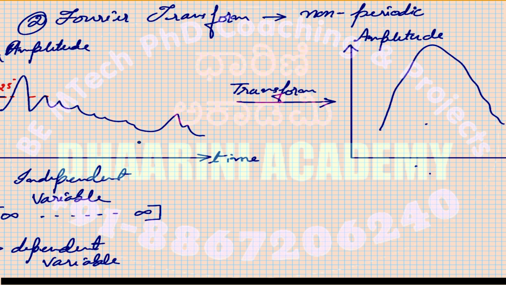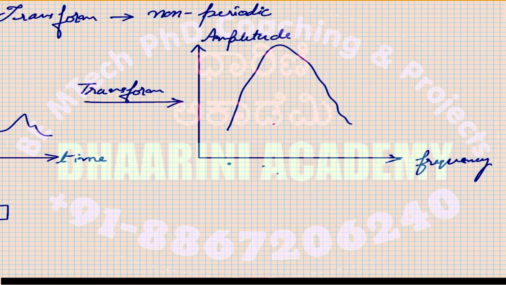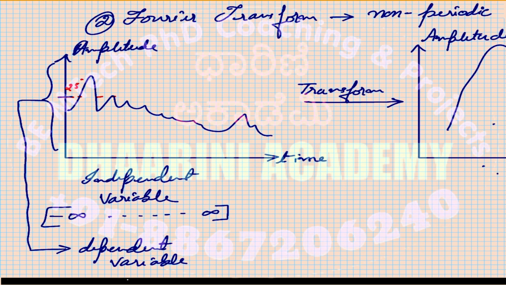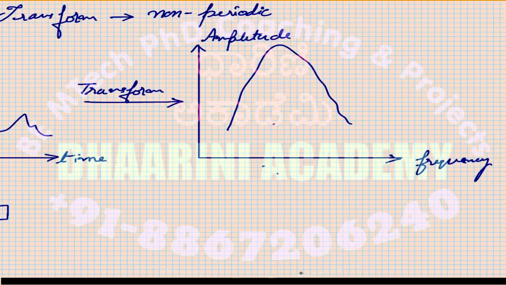Right? So you are transforming the time domain into the frequency domain. Here also we have x-axis and y-axis variables. X-axis is called independent, y-axis is called dependent. Even here, whatever graph is given, we follow this.